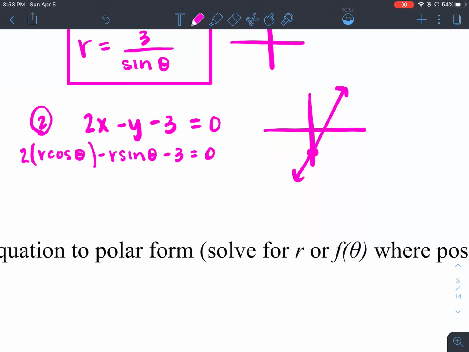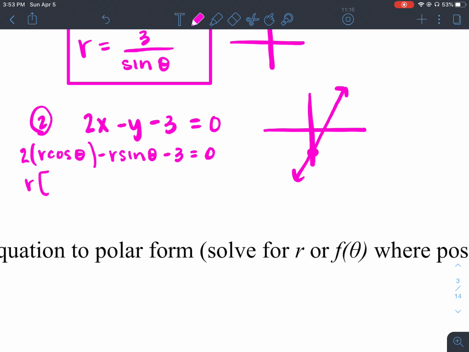So now I have this right here. We have done that conversion. We have now converted into r's and thetas. We don't have any x's, we don't have any y's anymore. All we have left are r's and thetas. Those are our two variables. What we want to do is simplify. We want to solve this for r. So I'm going to factor an r out of my first two terms here.